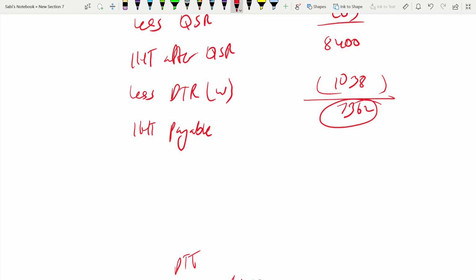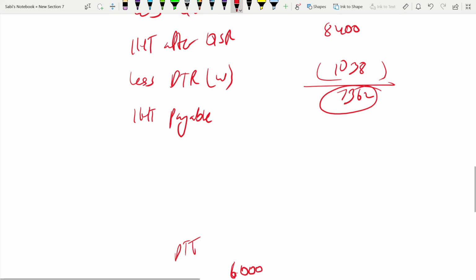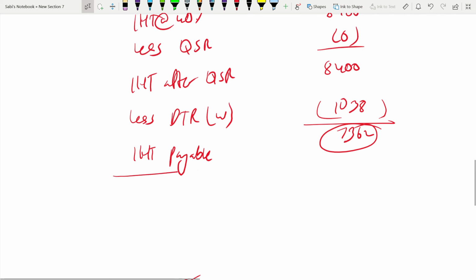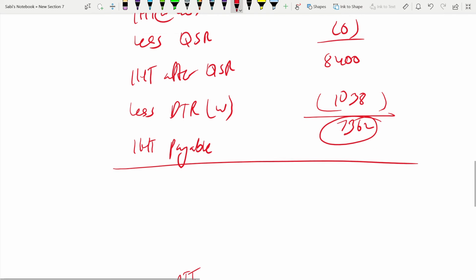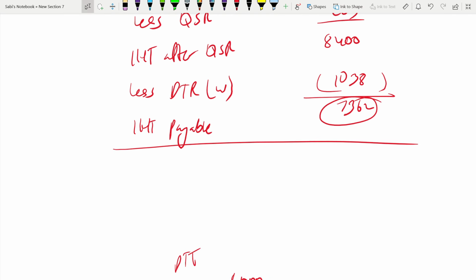Remember they told how much George's brother will pay. So you have to distribute. You have to allocate the IHT liability on the estate. How will you do that? This part is over. Now we are allocating the IHT liability.